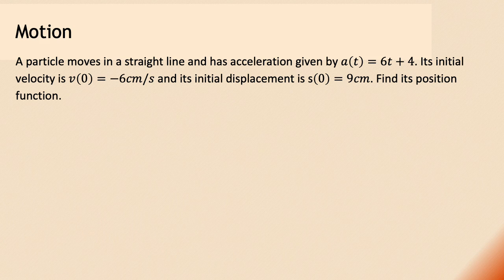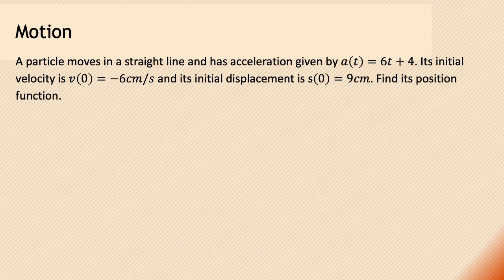Now what we're going to do is work these problems backwards. We're given the acceleration function for a particular particle. That acceleration is 6t plus 4, where t is the time, and let's assume it's in seconds. We're given that it has an initial velocity, so at time 0, its velocity is negative 6 centimeters per second.